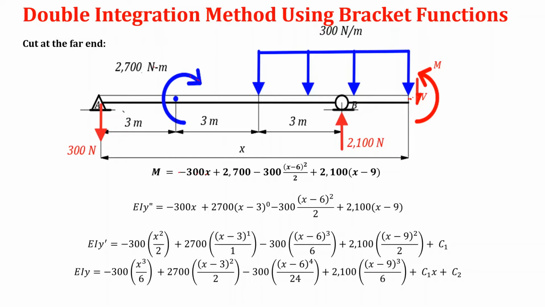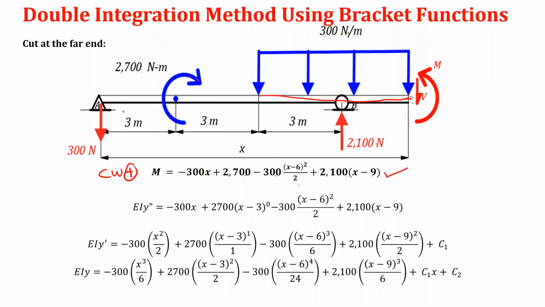Kay clockwise, positive man ni na equation. And then, ang kaning 300 counter man ni siya about sa cut. So, minus. Kung x ang total, so x minus 6 squared over 2. And then, ang 2,100 about sa cut, clockwise man na siya, so positive. Moment arm about sa cut, x minus 9.